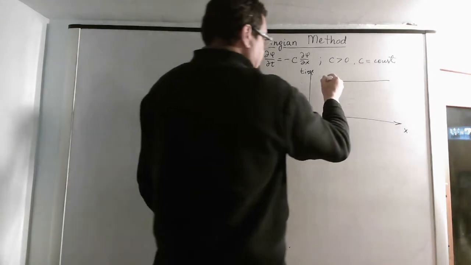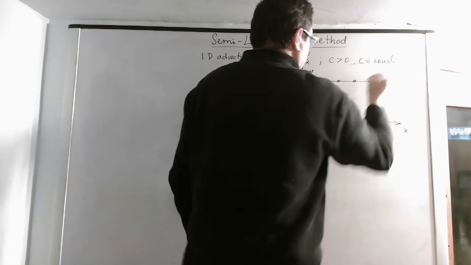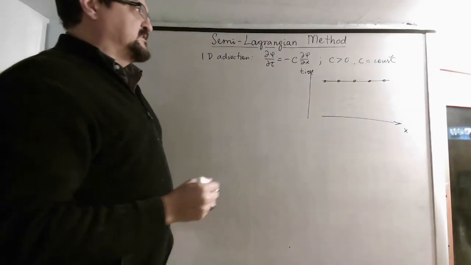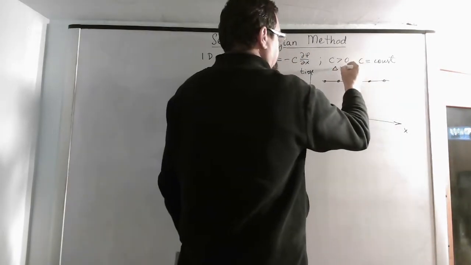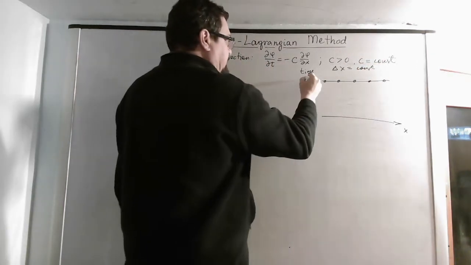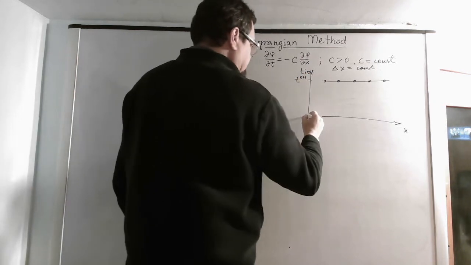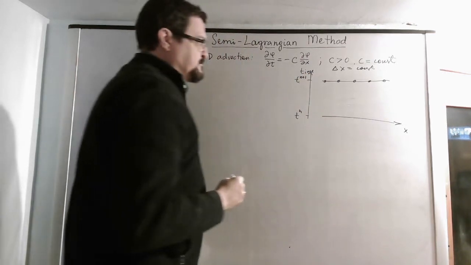We have our regular grid, and let's say that the grid spacing is constant. This is time step n plus 1, and this is time n.